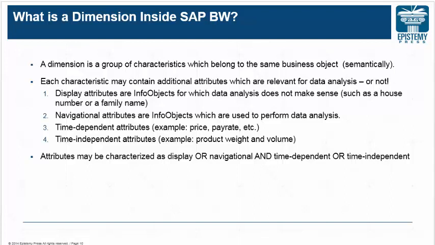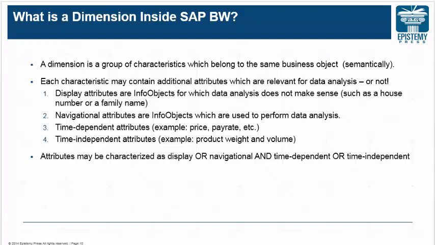So as we said, a dimension is a group of characteristics that belong to the same object. As we say, a customer has a customer ID, a customer name. So they are attributes of the master data.